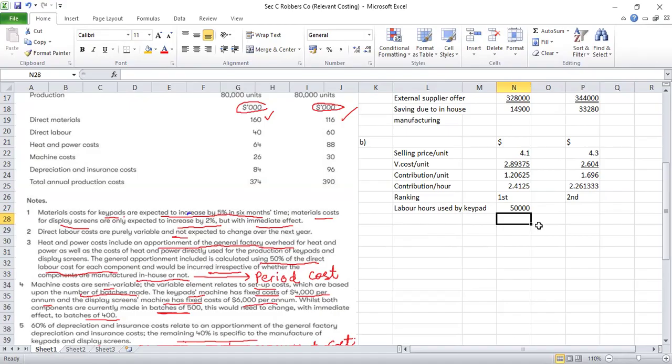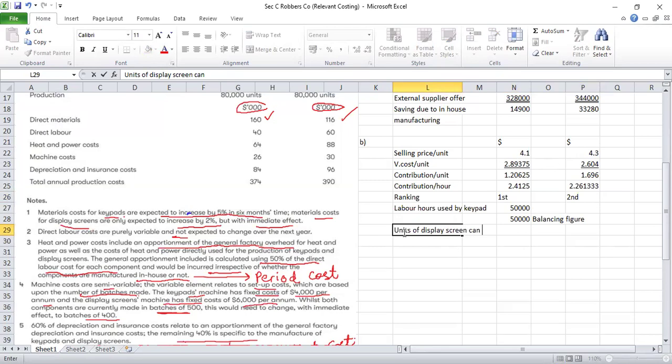Now you have remaining 50,000 as the balancing figure. And how many units of display screen can be produced?